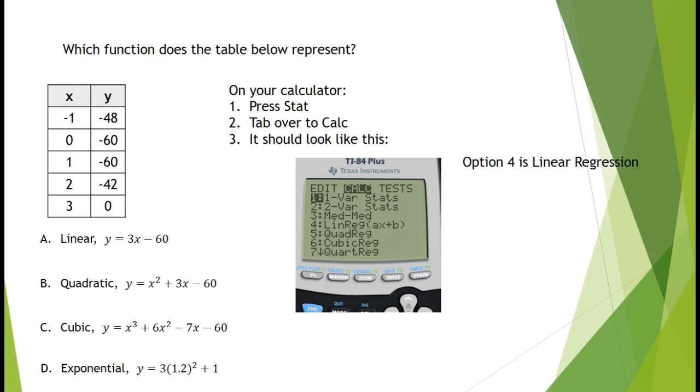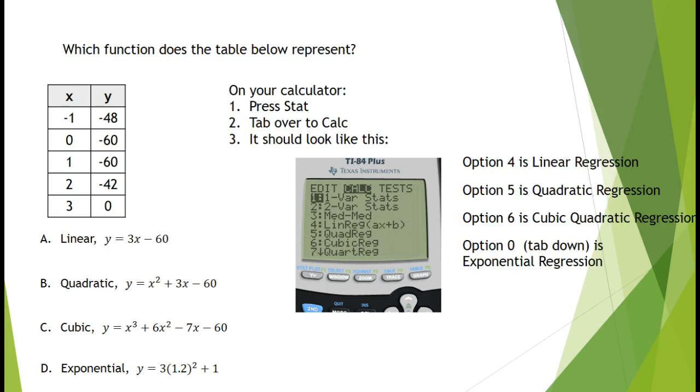We will be using option 4, linear regression, option 5, quadratic regression, option 6, cubic regression, and then if you tab down, you'll find option 0, which is exponential regression. For your final, and really for this year, and in Algebra 2, these are the only options on this particular menu we will be using: 4, 5, 6, and 0.